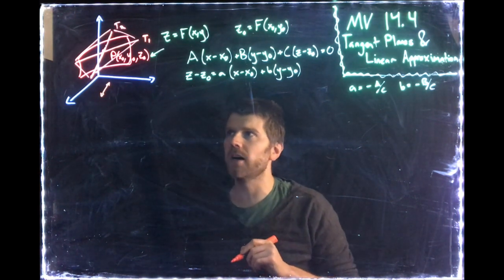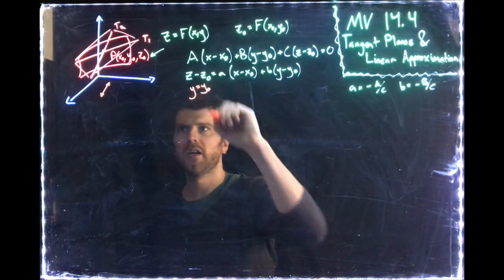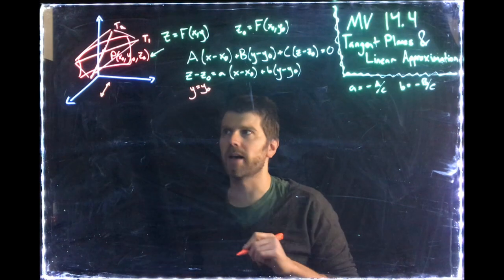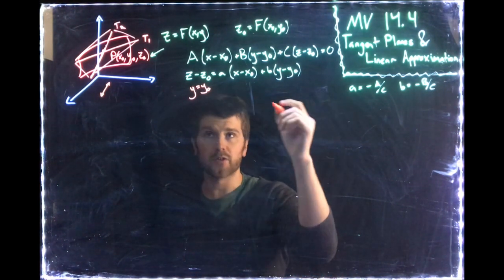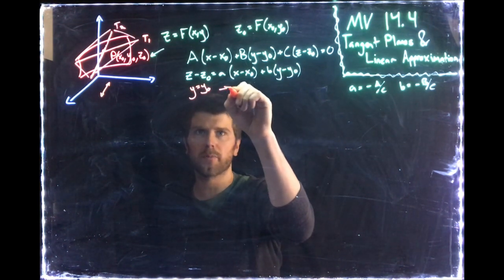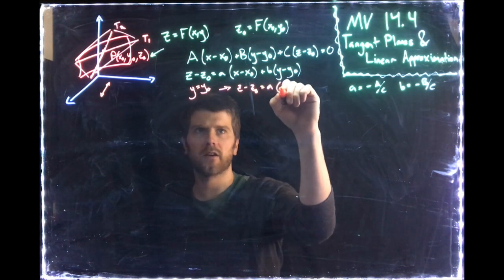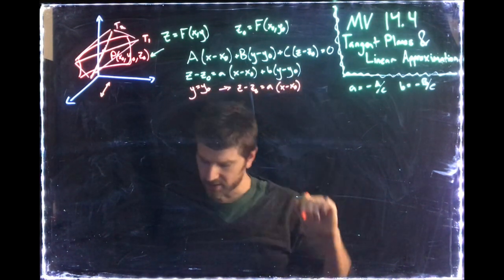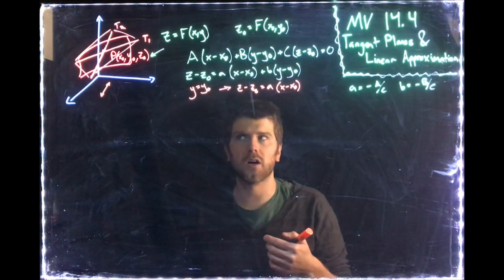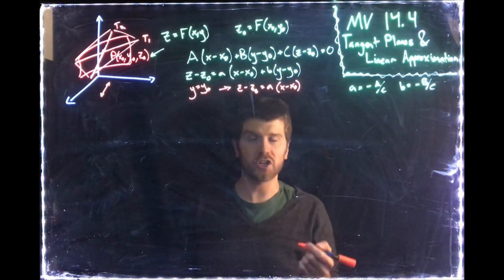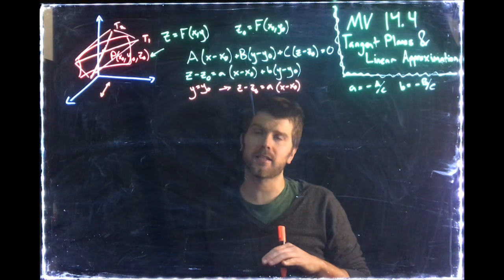Well, if we hold y equal to y0 and we move along that plane, y equals y0, obviously y minus y0 becomes 0, and so our plane looks like this: z minus z0 equals a times x minus x0. So a is the slope of what happens to z when we change x.